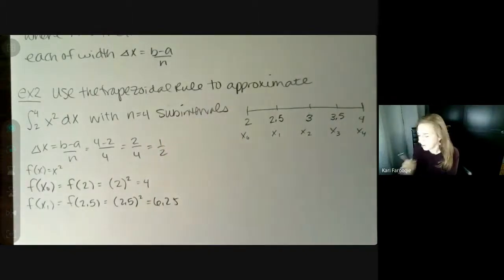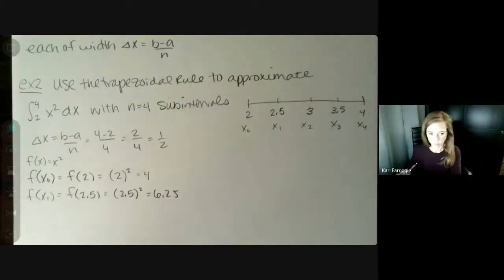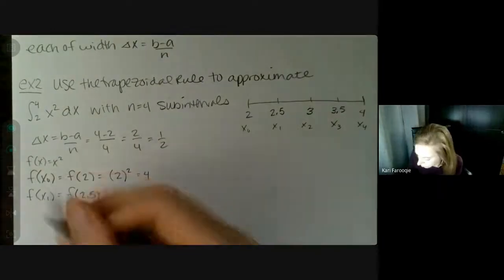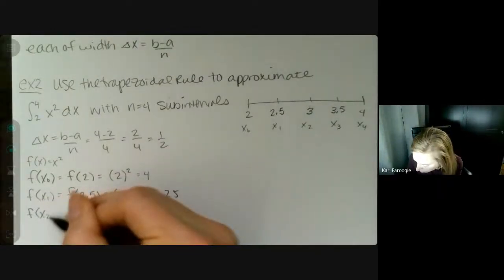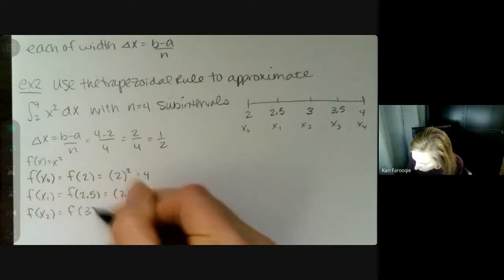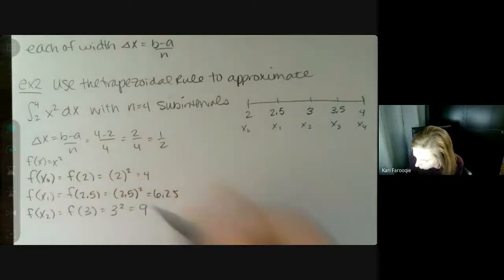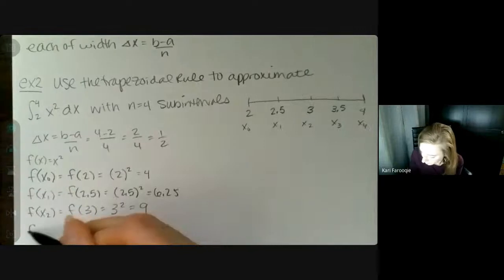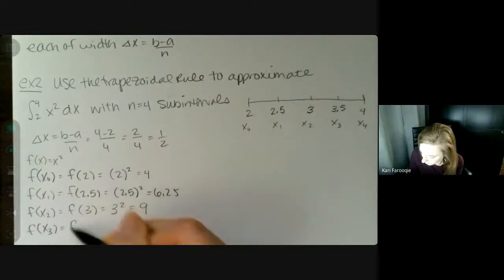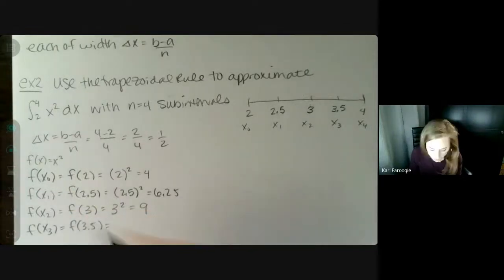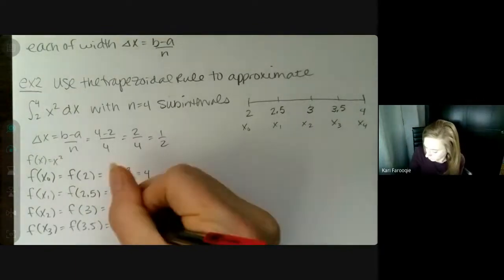I know some students like to do everything inside the formula. Others like to have everything laid out and then put it in the formula. So I'm just going to piece all the information out separately and then we'll put it together. That's up to you. You'll get into a rhythm as you go through your homework. f of 3 is 3 squared, which is 9. f of 3.5 is 3.5 squared, which is 12.25.